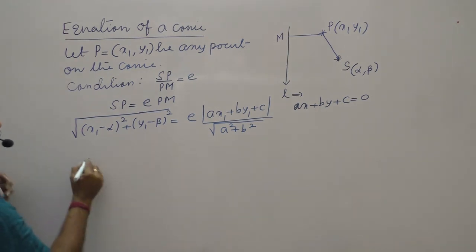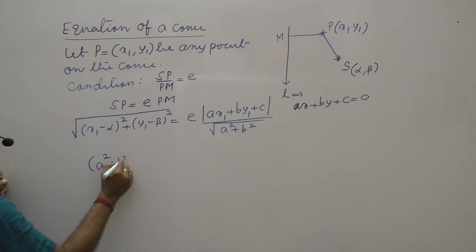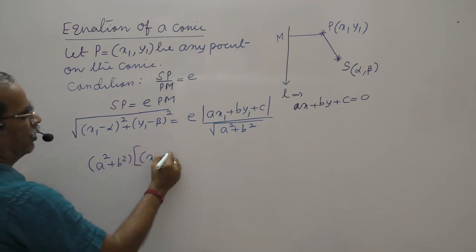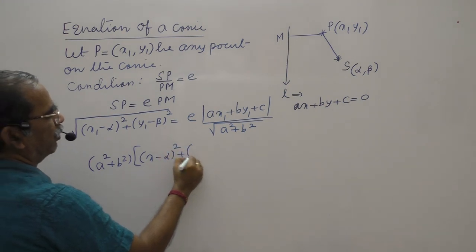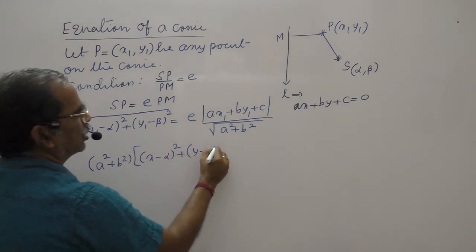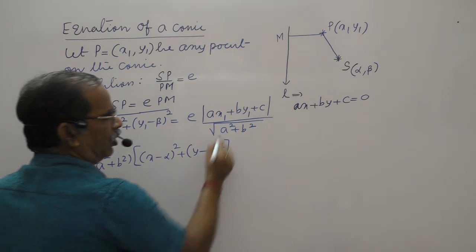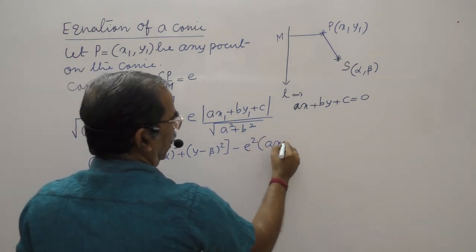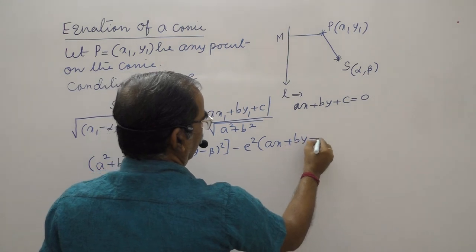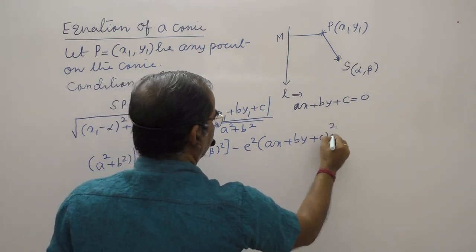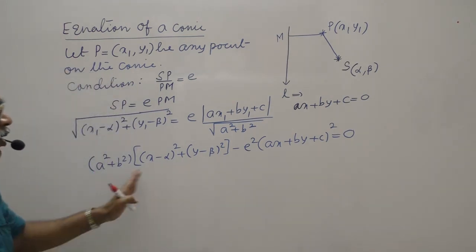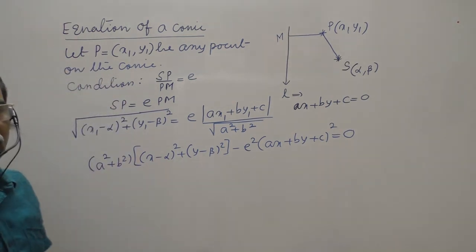Now squaring both sides and cross multiplying, I will get an equation like this: (x1 minus alpha) whole square plus (y1 minus beta) whole square minus e square into (a x1 plus b y1 plus c) whole square divided by (a square plus b square) is equal to 0. This is the equation of a conic.